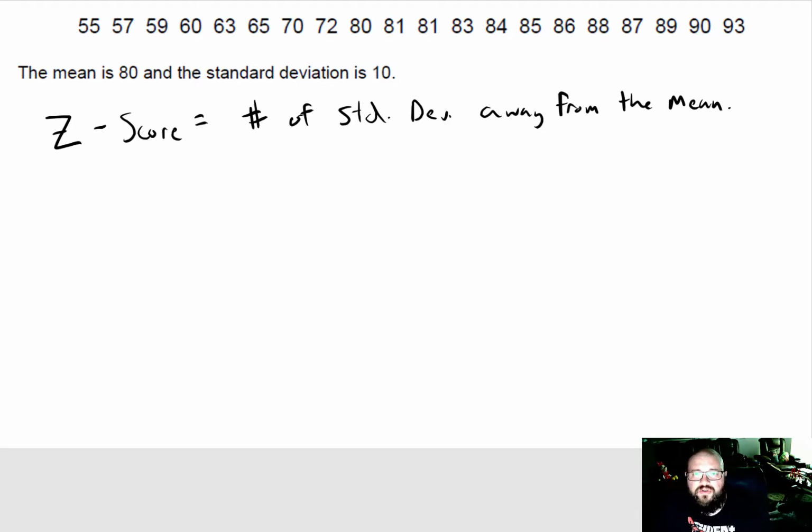Okay, so that's what your Z-score tells you, the number of standard deviations away from the mean.